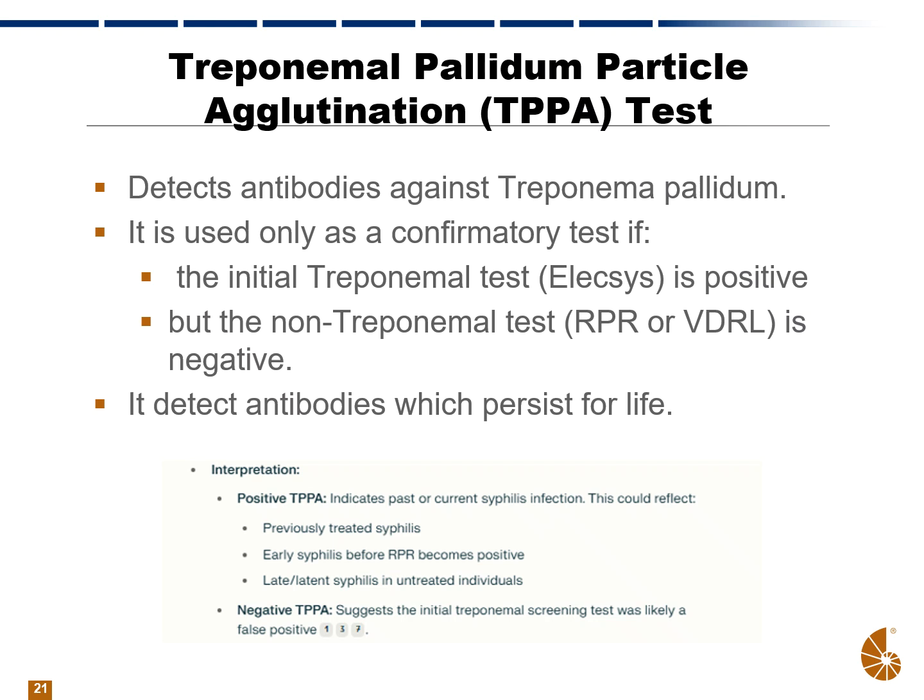So if it's positive, it indicates either previously treated syphilis, early syphilis before the RPR becomes positive, which is one of its unique features that's very helpful, or late or latent syphilis in untreated individuals. A negative TPPA suggests the initial treponemal screening test was likely a false positive. So that's why this confirmatory test is very useful.